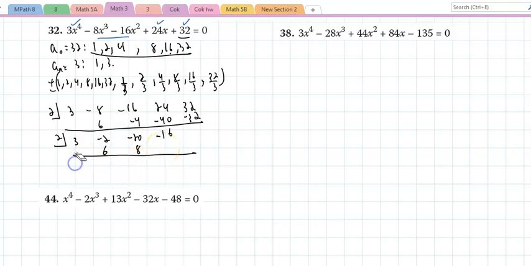Have my hopes up. How about negative 2? A 3, a negative 6, a negative 8, a 16, a negative 4, and that's a negative 8. That doesn't work.